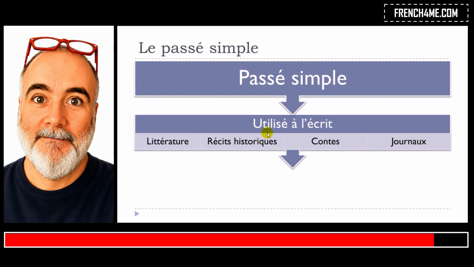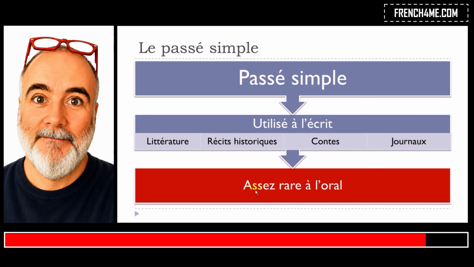So in most of the cases we will see these passé simple forms in literature, historical stories, fairy tales, and newspapers. Okay, and keep in mind that it is quite rare à l'oral, assez rare à l'oral.